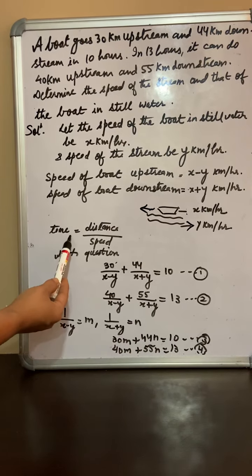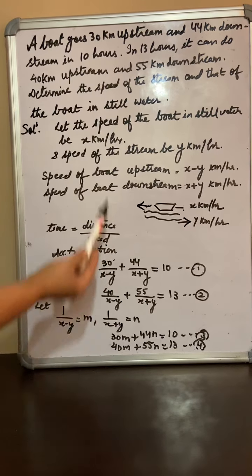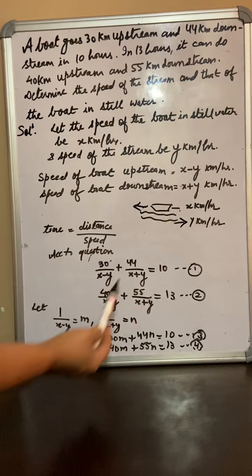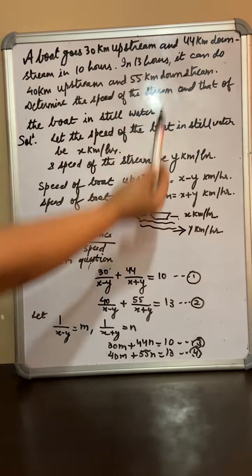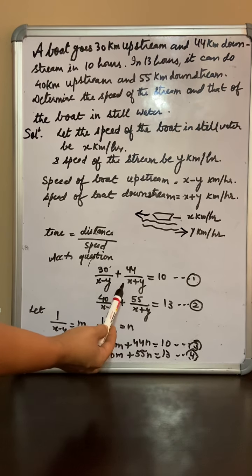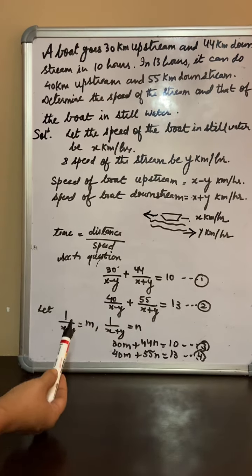We know the time formula is distance upon speed. So we write 30 km upstream, and upstream the speed is x minus y. So 30 upon x minus y plus 44 km distance upon speed downstream, x plus y, is equal to 10.